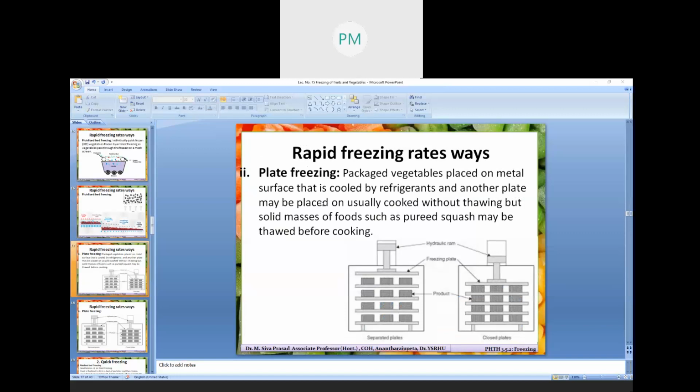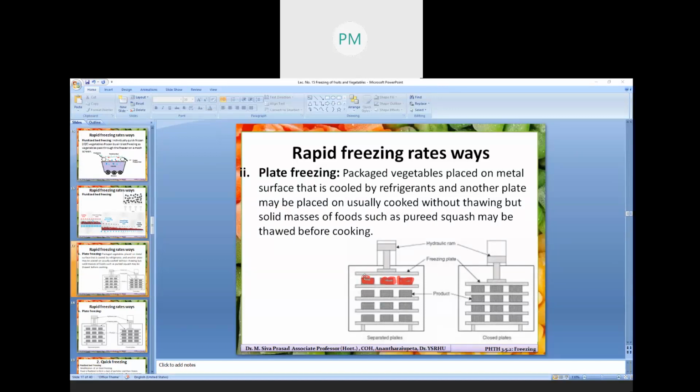Here this is plate freezing. This is an indirect method of freezing, indirect cooling or indirect immersion. See here on a plate freezer, the foodstuff is placed like this. The foodstuff is not in direct contact with the refrigerant like your ammonia or brine.